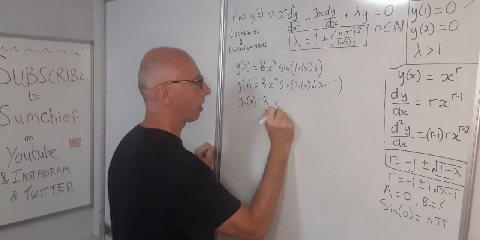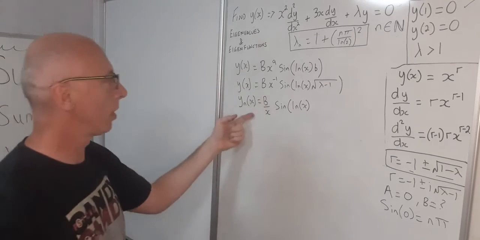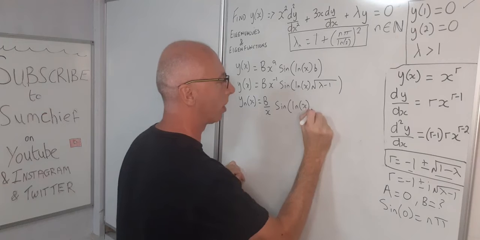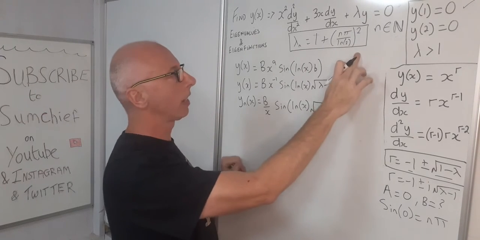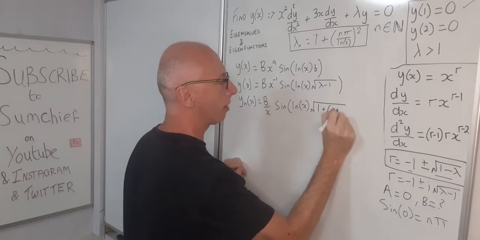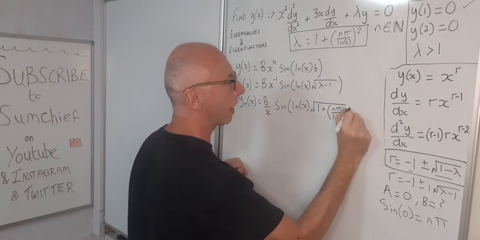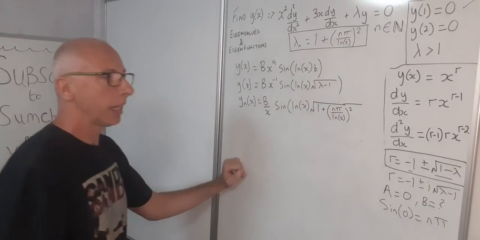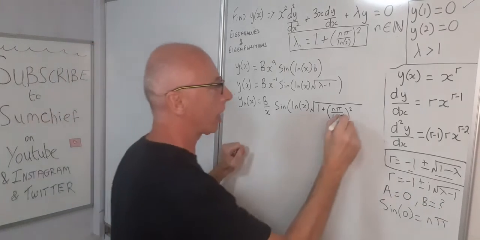And then we've got sine of natural log of x. So all the different values of x we can plug in. And then this time we've got a square root, and then we've got our eigenvalue here. So 1 plus n pi over natural log of 2, squared. And then here we've got a 1, so that one is included here, but here we've got the minus 1. So we now need to put our minus 1.